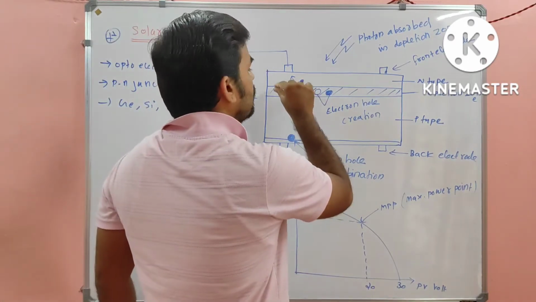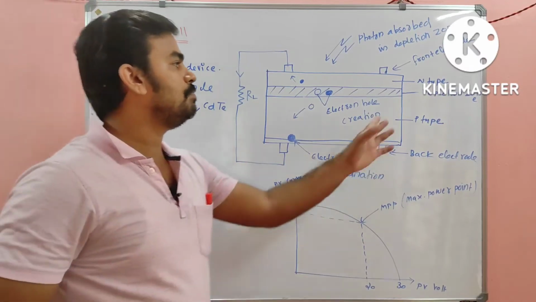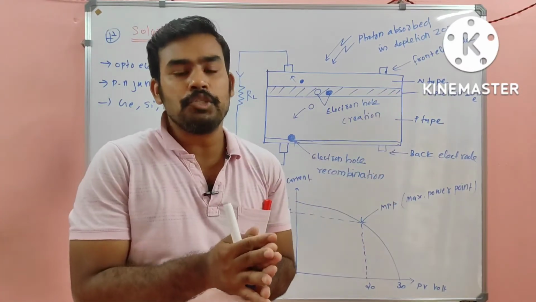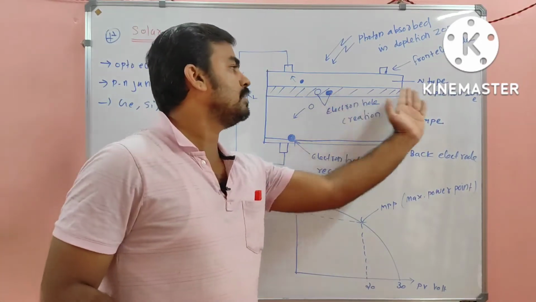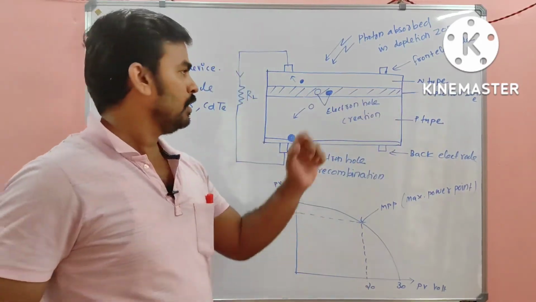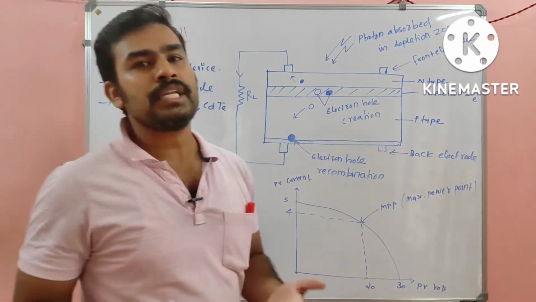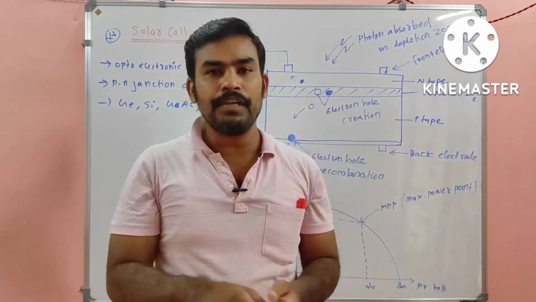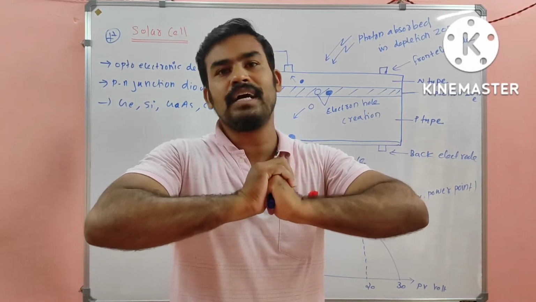As soon as this PN junction is formed, like in a PN junction diode, here also there is a depletion layer formation. The depletion layer is a region where electrons and holes recombine together. There are no mobile charges.